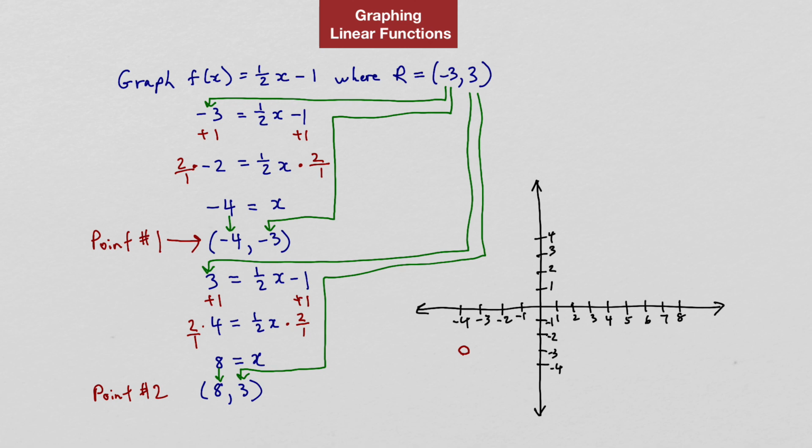And then the second point is 8, 3, and that's going to go right here with an open circle. And now we're going to connect both points with a straight line and get the following. Okay, so that is the graph of the function f of x is equal to 1/2 x minus 1, where the range is equal to -3 to 3.